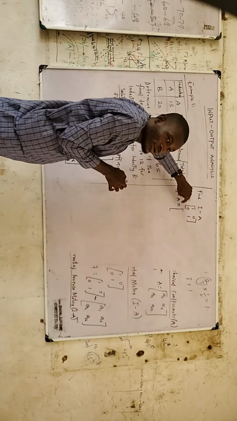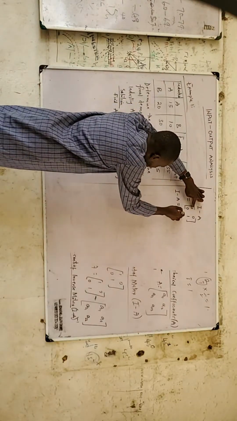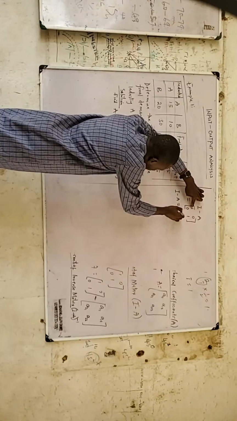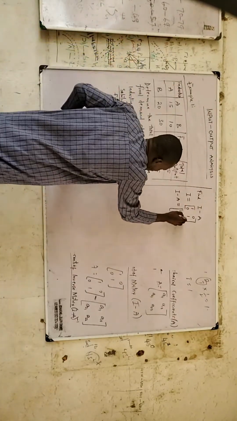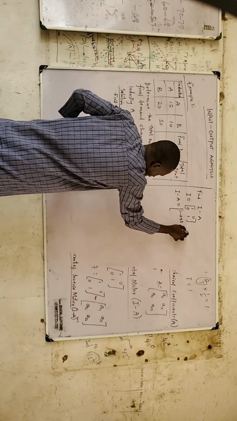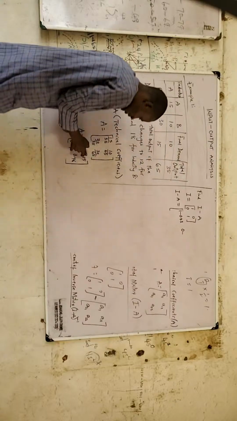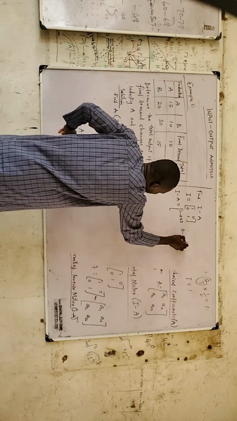The first element here is 1, standing for I, minus the first element here, which is 0.43. Then 0 minus the second element here, 0.15.